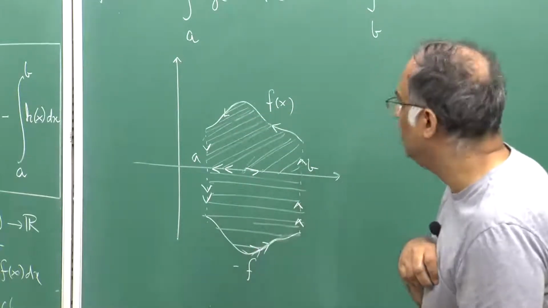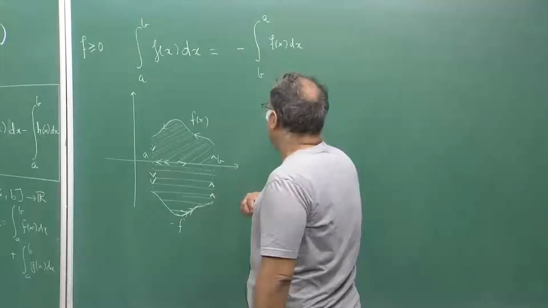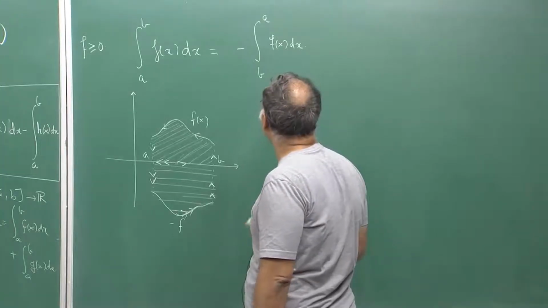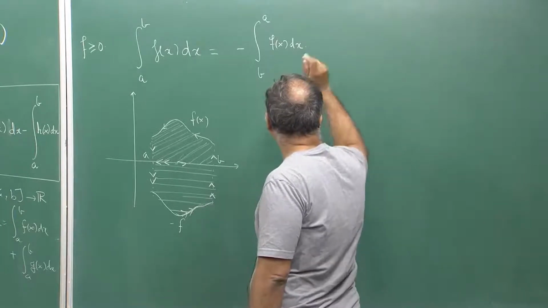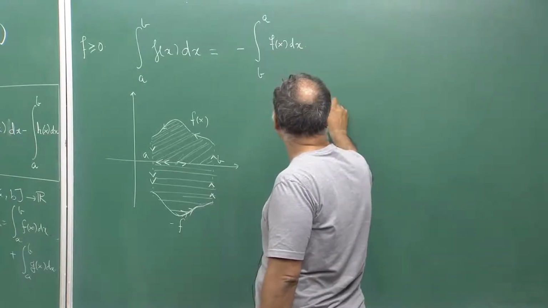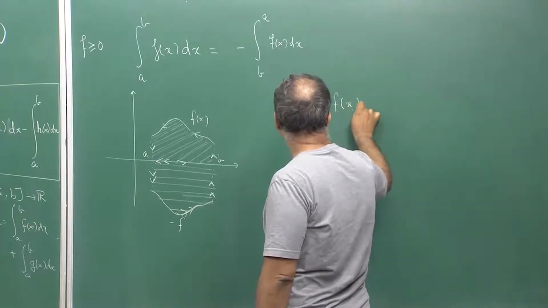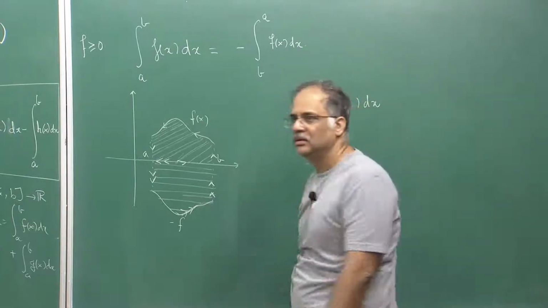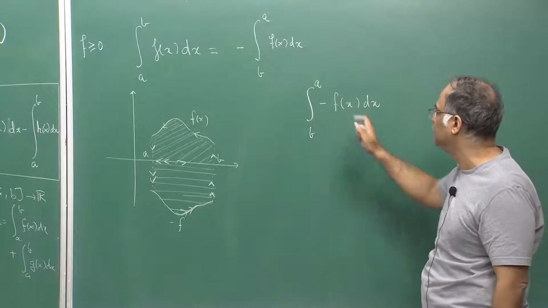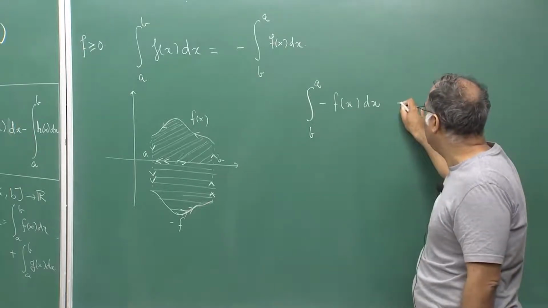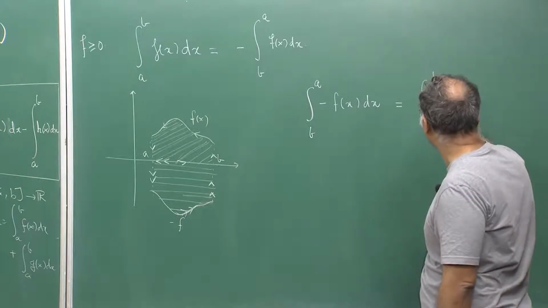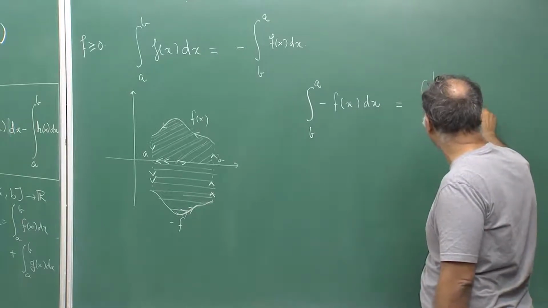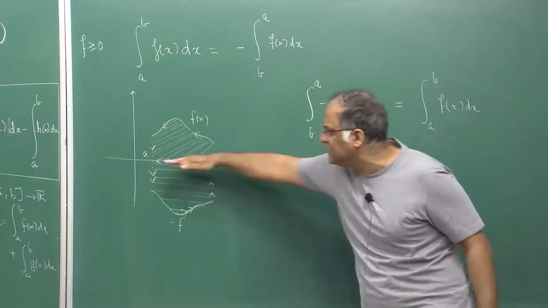But now, what happens is that if I say integral b to a of minus fx dx, this value is same as integral a to b fx dx, because I have just made a reflection on the x-axis where x-axis is acting as the mirror.